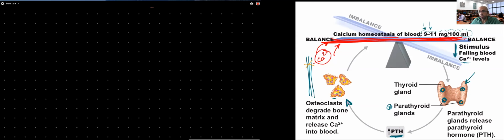This is called my parathyroid hormone, or PTH, exactly. Again, what do we call the hormone responsible for the stimulation of the osteoclasts for them to break down the bone? This is my PTH, parathyroid hormone.